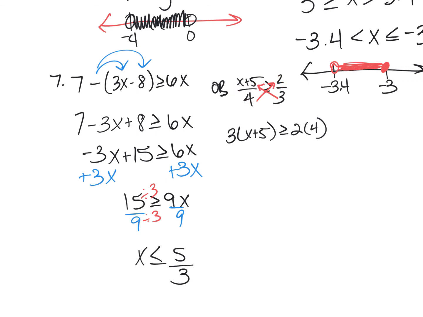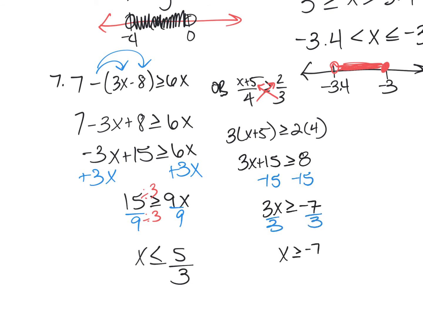Then I don't have to deal with fractions for the rest of the problem. And I get 3x plus 15 is greater than or equal to 8. Subtract 15. And 3x is greater than or equal to negative 7. Divide by 3. x is greater than or equal to negative 7/3.